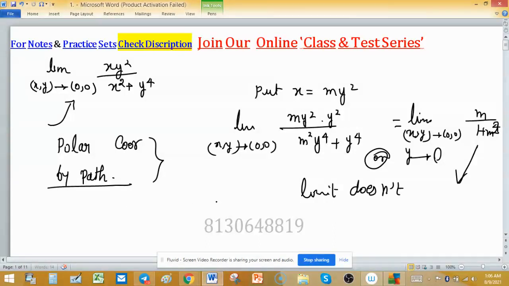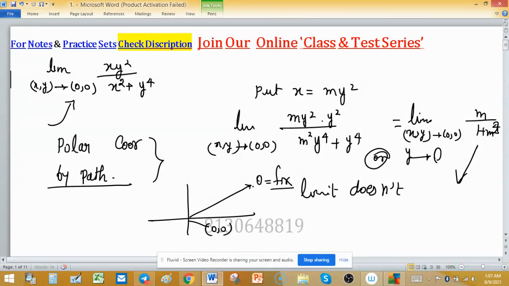But using the polar coordinate system, suppose this is a rectangular or Cartesian system, and we are approaching the point (0, 0) or any point, so one by one we are checking paths. Take theta as fixed, so you can consider pi by 4 or pi by 2.